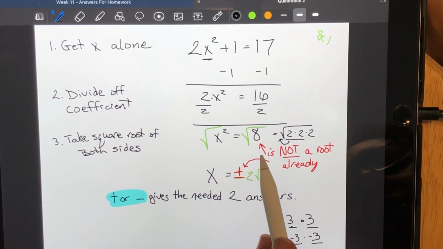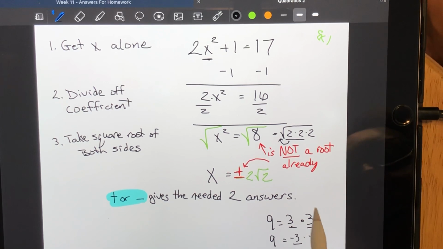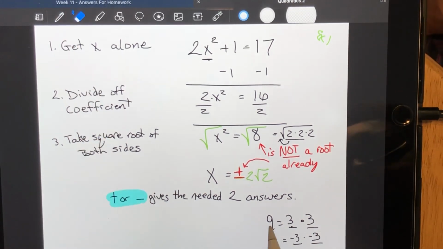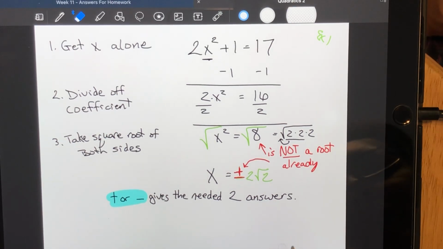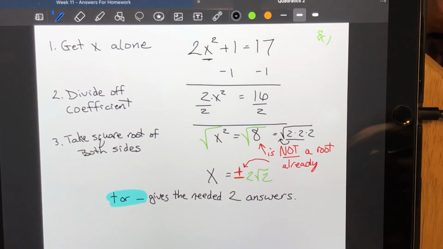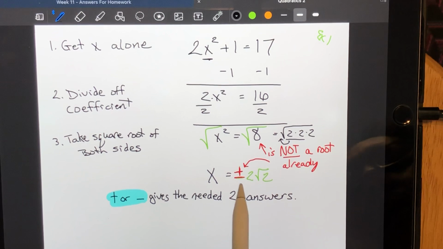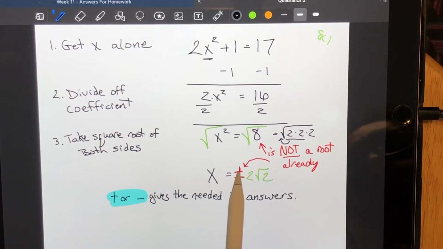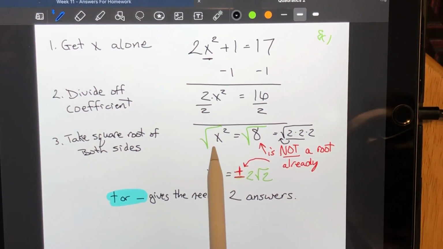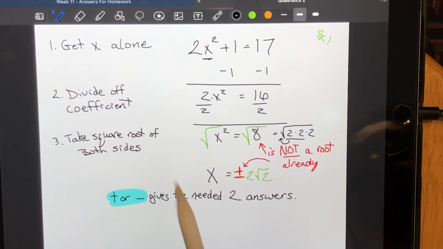So when we are taking the square root of a number, in this case the number 9, I can get there 2 different ways. So that is the reason why when we take the square root of a number that was not already squared, we must add both plus or minus. The positive versions can get us there, and the negative versions can also get us to the same answer.